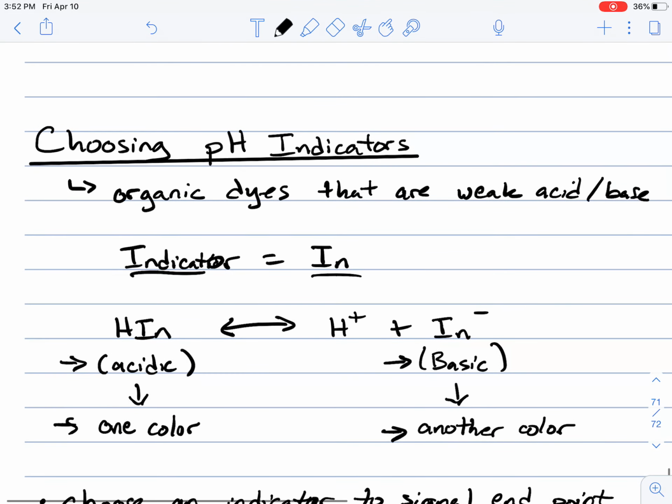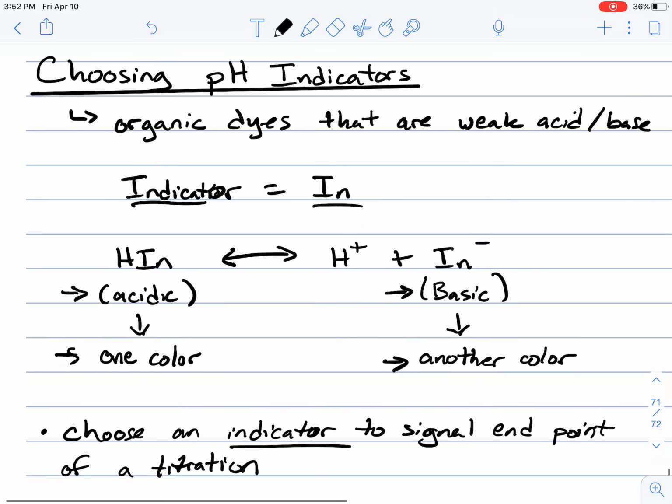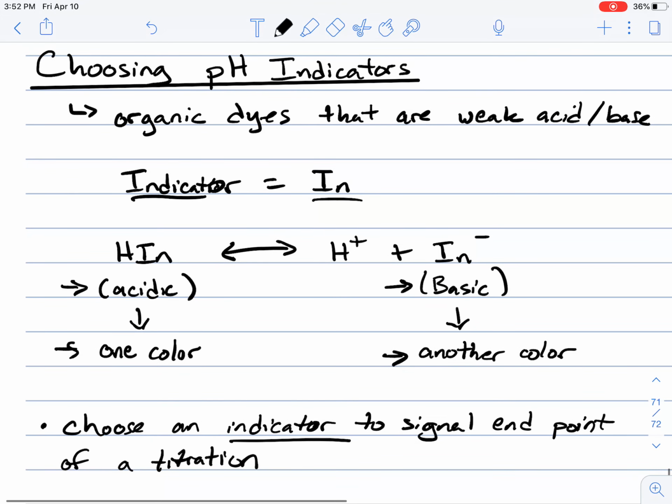Okay. And so what's really cool is that these pH indicators signal the endpoint of our titration. And the endpoint of our titration should represent equal moles of acid to equal moles of base.